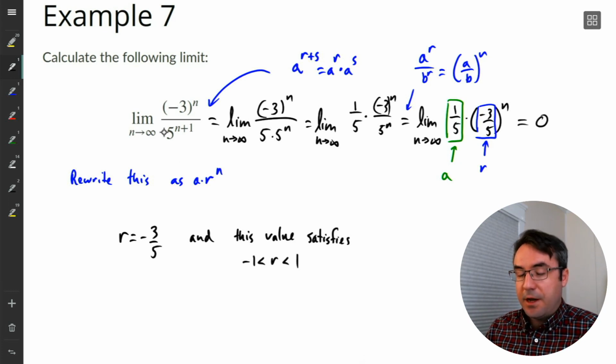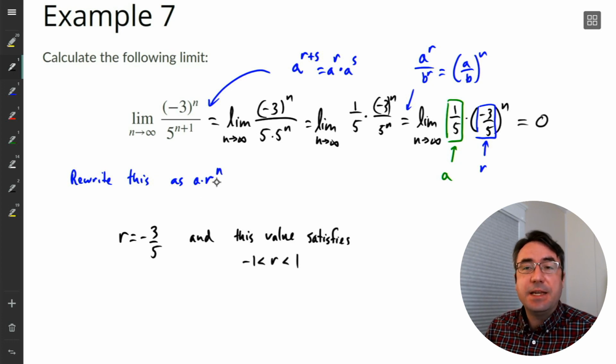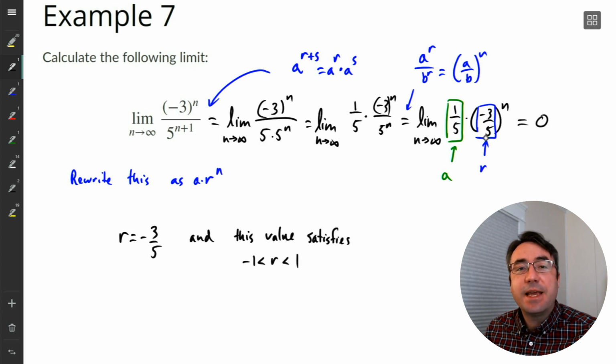So we started off with this sequence, which wasn't quite written in the standard geometric sequence format. That's what most of our work was, getting it into this format where we have a constant times r to the n. We got it as 1 over 5, the a value, times negative 3 over 5, all raised to the power n.